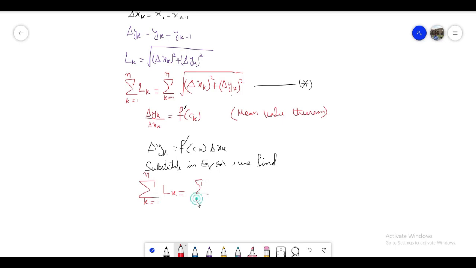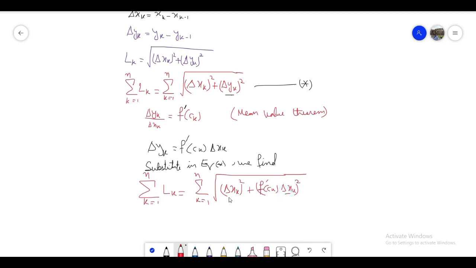The sum, k starting from 1 to n, of the square root of delta xk squared plus f, now in place of delta yk I'm substituting this expression, f dash of ck times delta xk, whole squared, right?